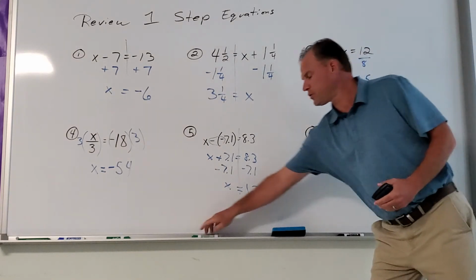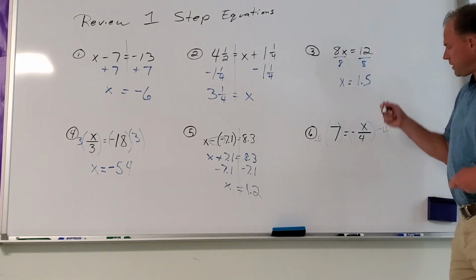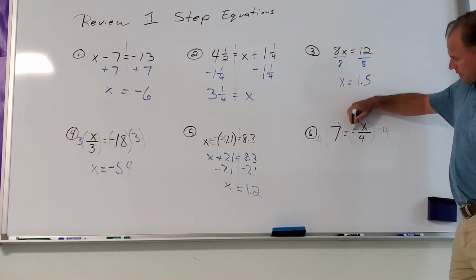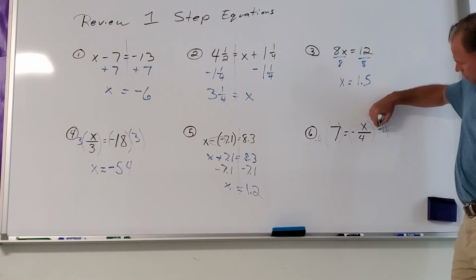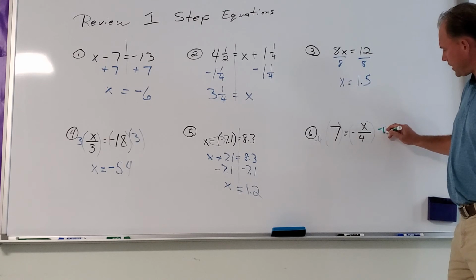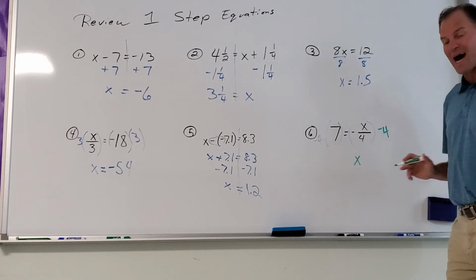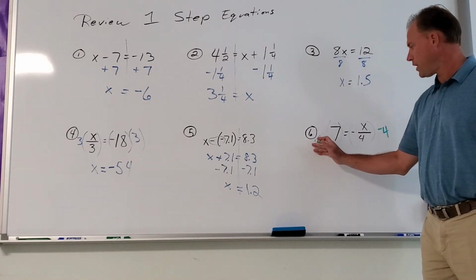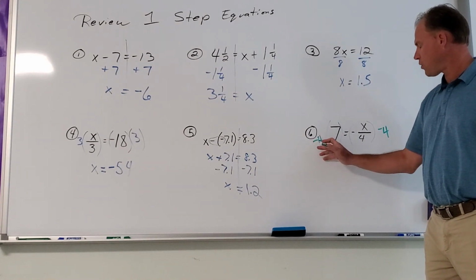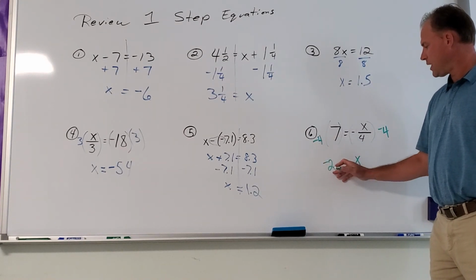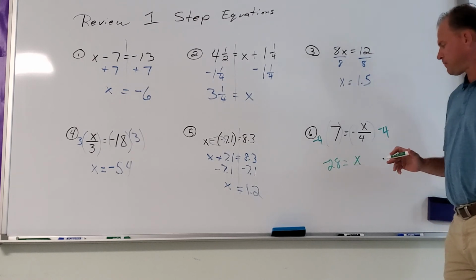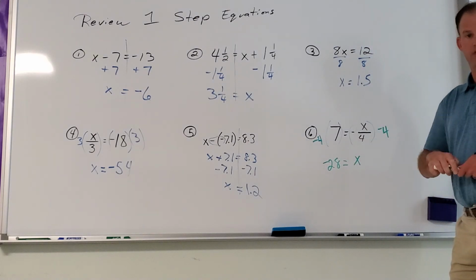Might be a little hard for you to see, but you need to make sure you're looking at that negative here. So I am multiplying both sides by negative 4, because I need negative to give me a positive x. Over here, negative 4 times positive 7 is negative 28 to give me the final answer.